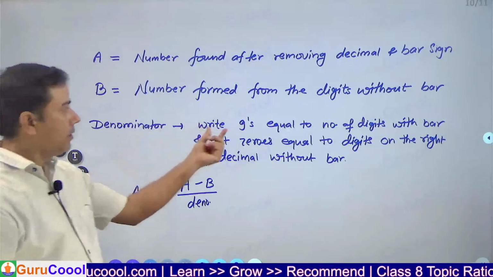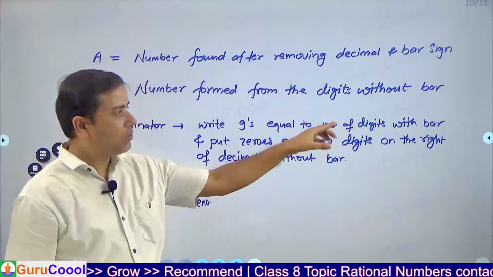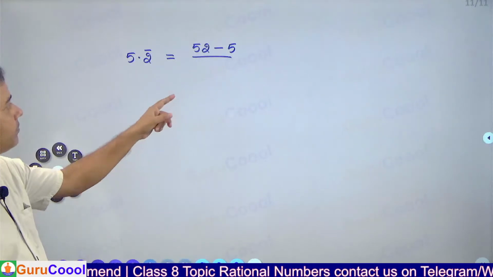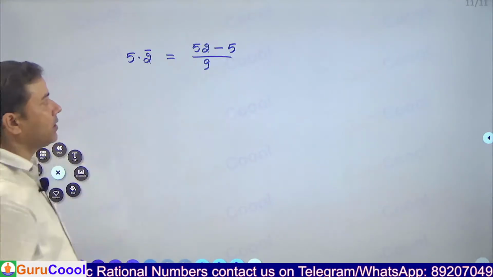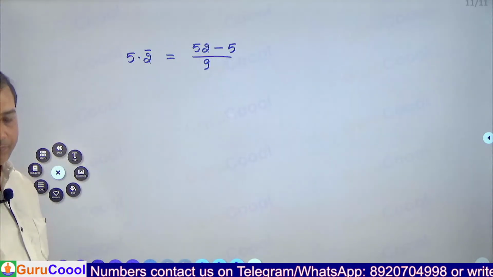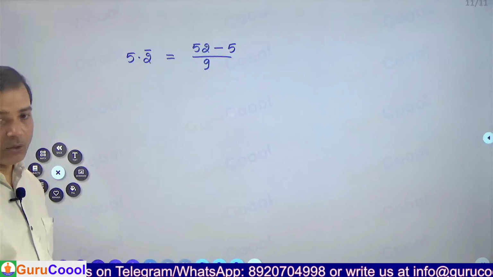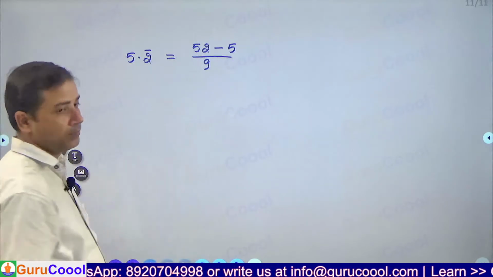Denominator is: write nines equal to the number of digits with bar. How many nines? 1 nine. And how many zeros over it? No zero, right?